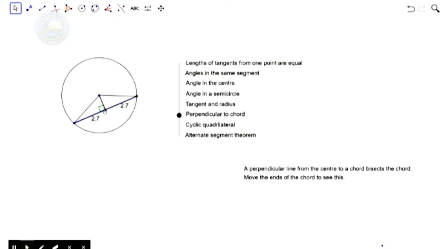And this line will then cut the chord in half, into 2 equal parts. So no matter the size of the chord, this line that comes from the center and cuts it at an angle of 90 degrees is going to cut it in half. So here we'll have 2 congruent triangles.